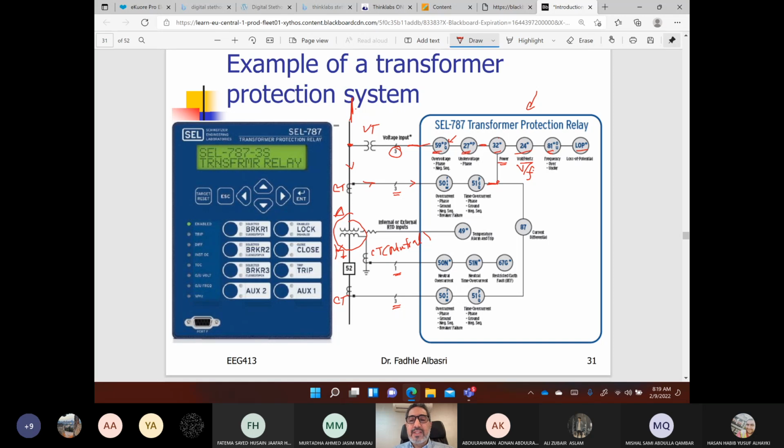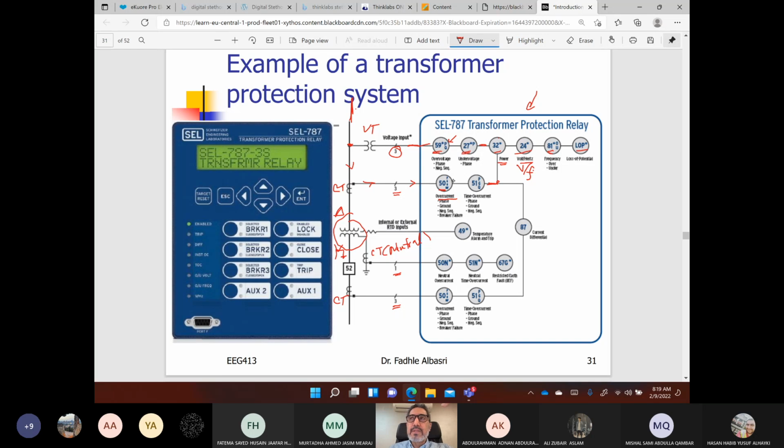Now, what functions require currents only to take decisions, like the 50 function. 50 is the overcurrent. We have two types of overcurrent. The one that takes instantaneous action, fast action, we call it the 50 function, overcurrent function. There are also these functions classified as 50P, 50G or 50Q.